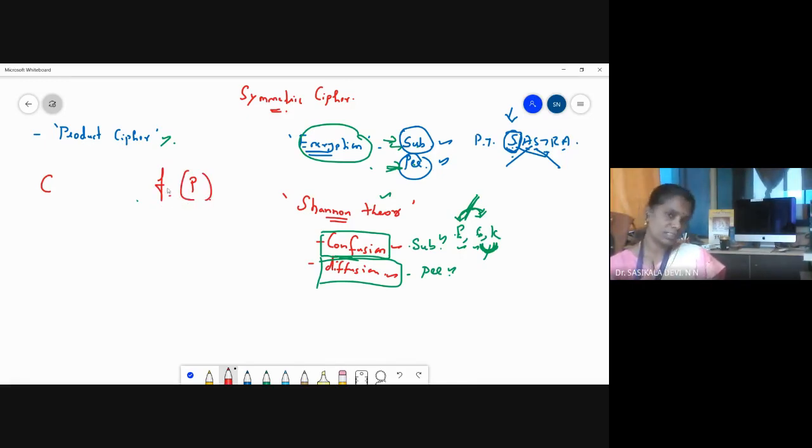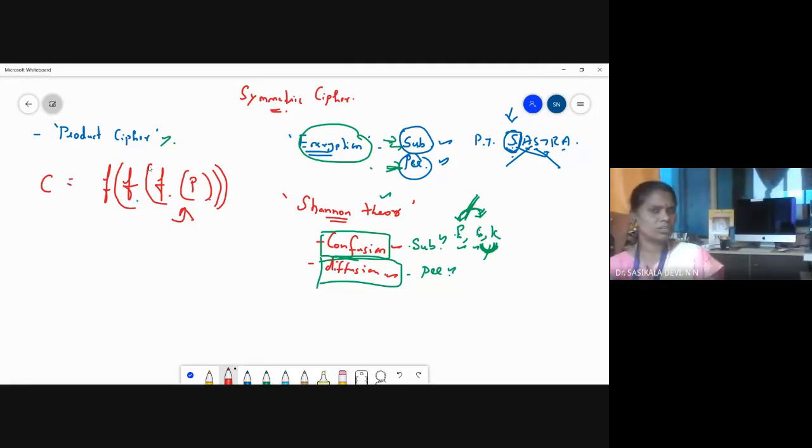So the same function or similar function is applied again and again. The output is given to the function. The output of this will be given to the same or different function. If you define the crypto system like this, that type of crypto system is known as product cipher. Not based on one simple operation, it is based on repeated operation.